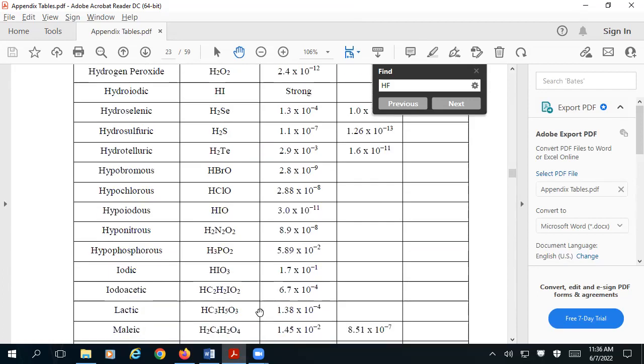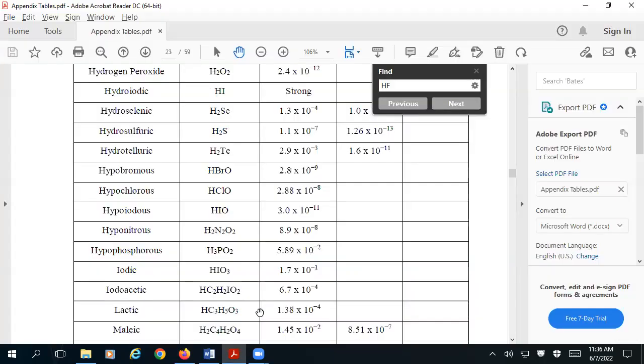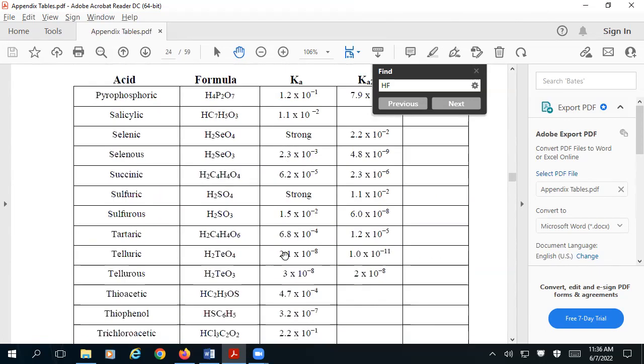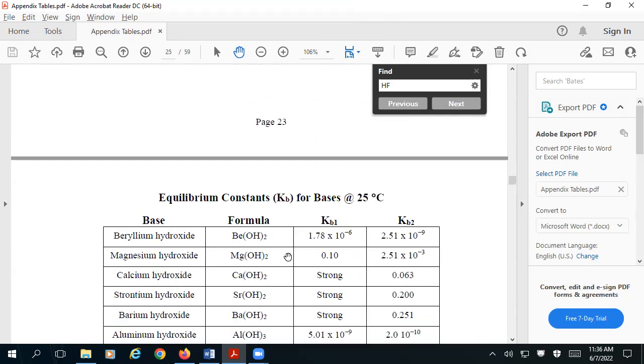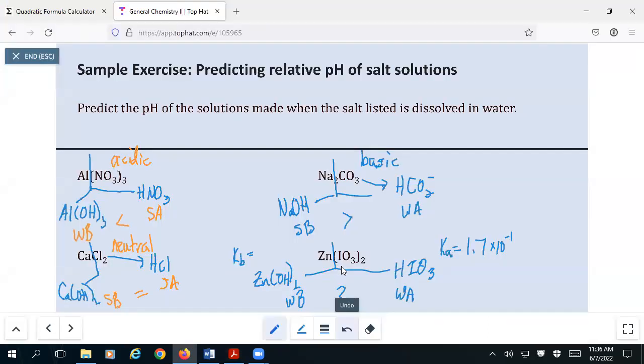We know that iodic acid is a pretty good acid, 1.7 times 10 to the negative first. We probably know from experience that zinc hydroxide is not a great base, but we'll look it up anyway. 7.9 times 10 to the negative seventh.